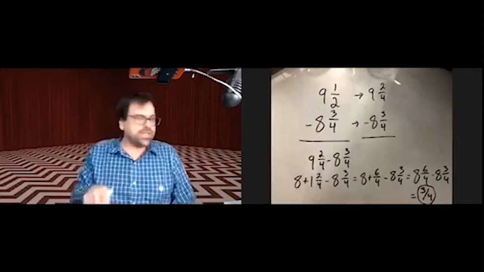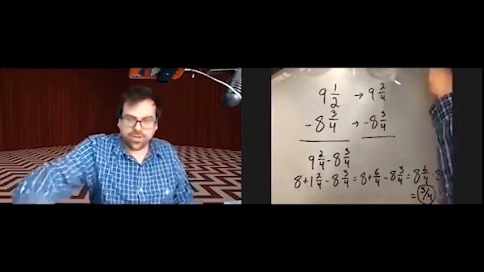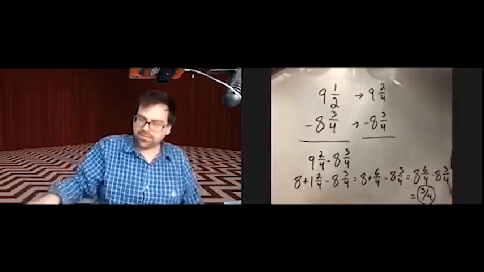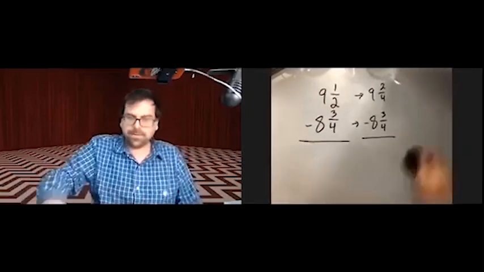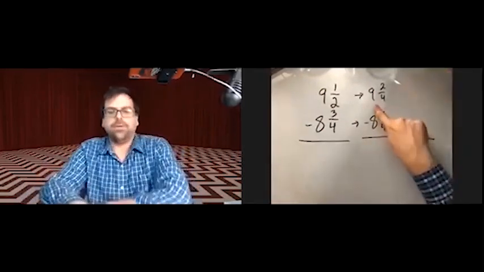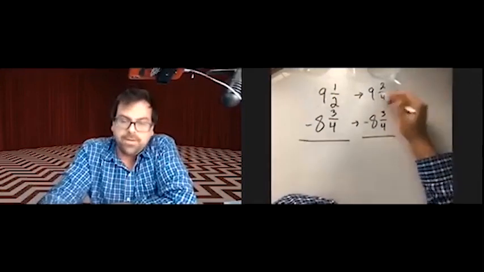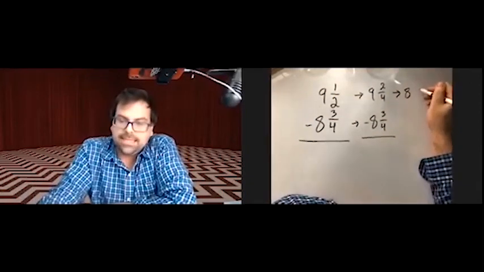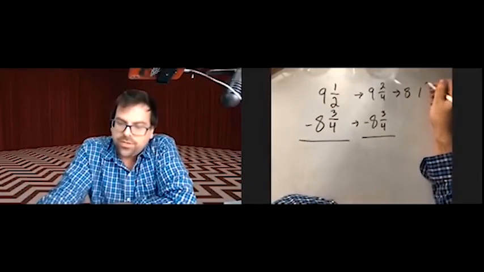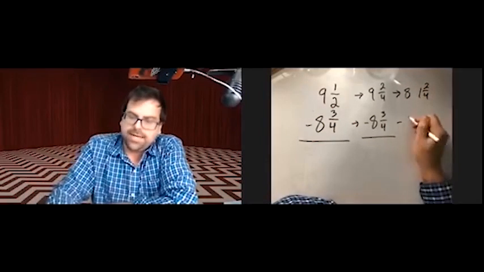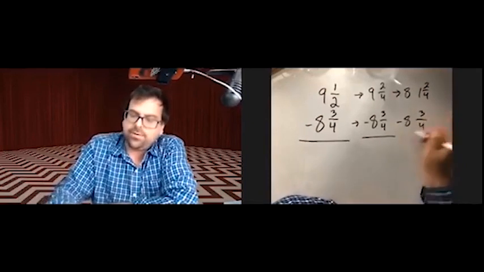And if it was confusing going across, that's fine. I'll show it going down as well from this same point. We would have another rewrite step. 8 and 1 and 2 fourths minus 8 and 3 fourths.